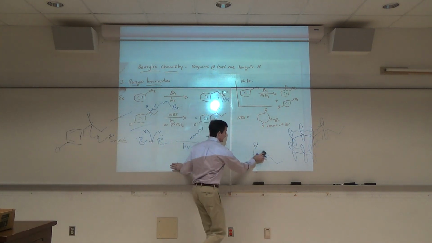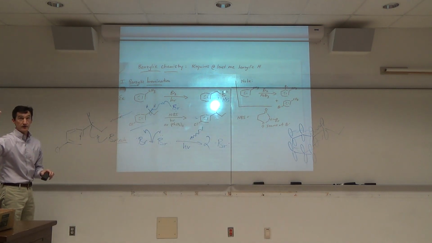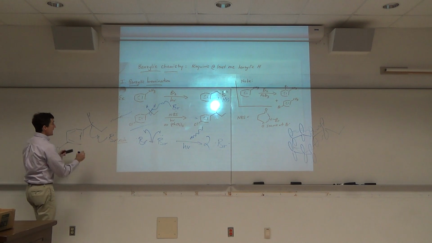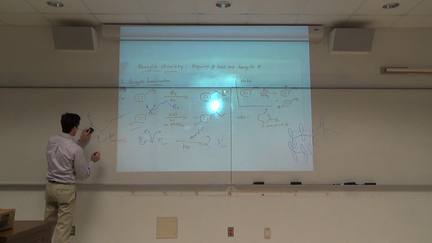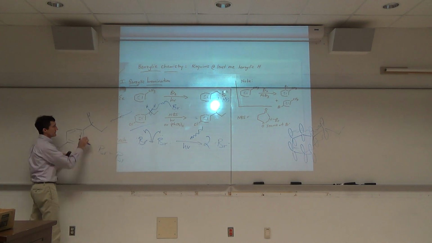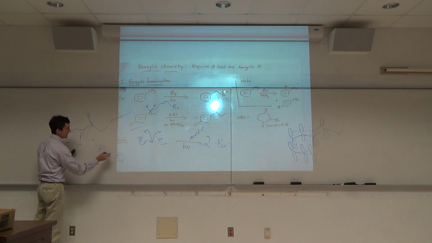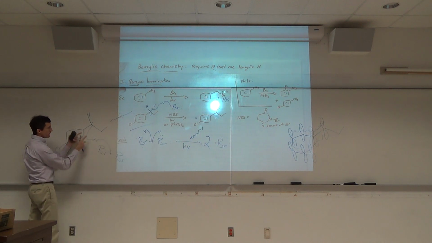So, the actual mechanism is, instead of quenching with that second bromine that's out there on our board, it actually quenches with Br2. One electron here, one electron there. What are we making right here?